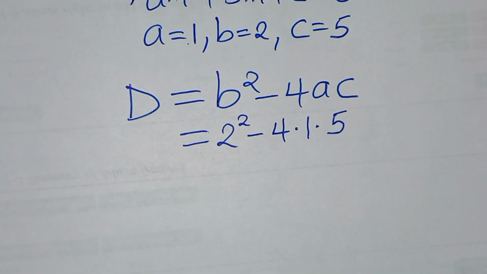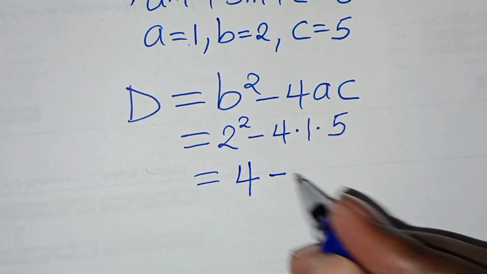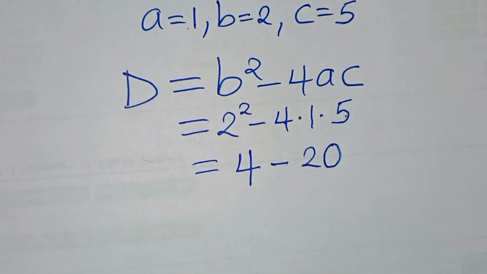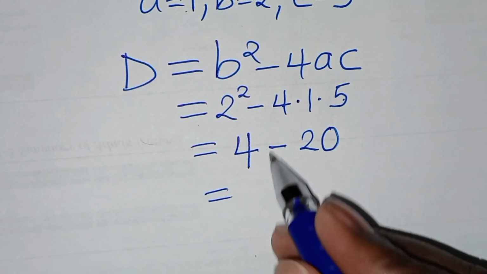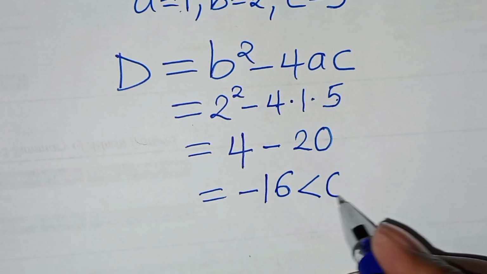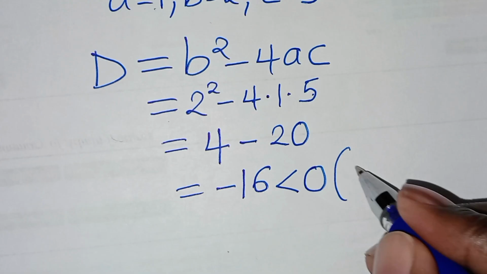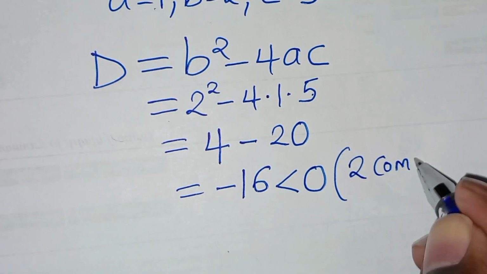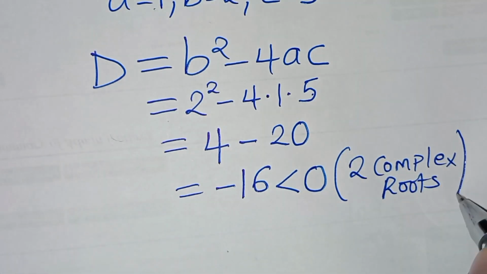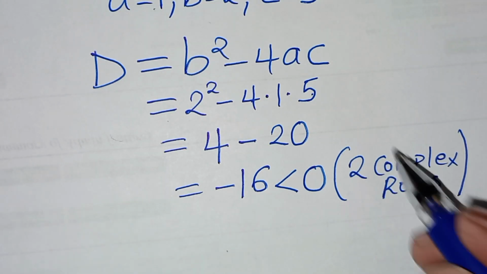So this is the same thing as 2 squared, which is 4, subtract 5 times 4, this is 20. And this means that we have 4 minus 20, this is minus 16, and this is less than 0. So this implies that we have two complex roots, and these complex roots will not give us a real solution.